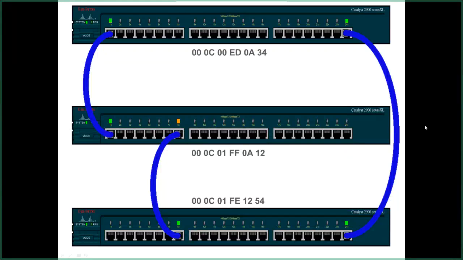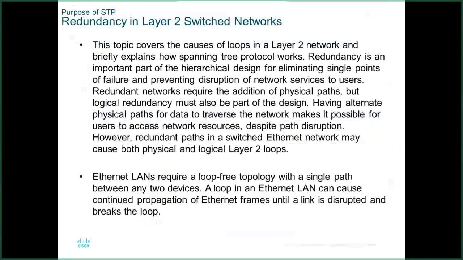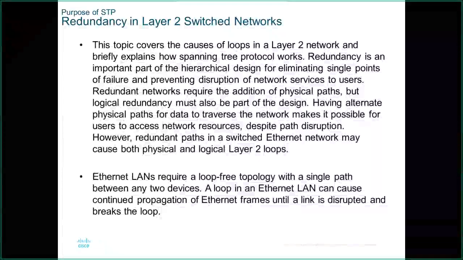So basically what that means is it's not forwarding traffic through that port. That's what spanning tree does. It breaks the loop. Now we'll explain why it does it and how it does it.